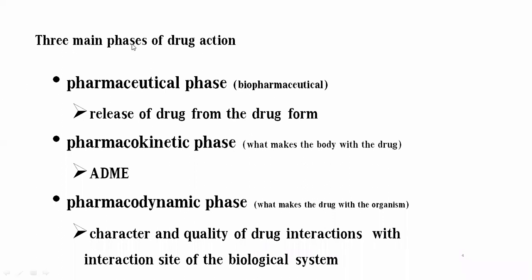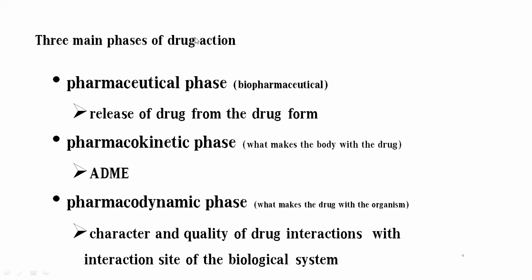Now there are three main phases of drug action. In the earlier slide we saw the definition of drug, as it is going to either activate or inhibit the site of action of that target cell. We have seen the meaning of the words activity and low toxicity.